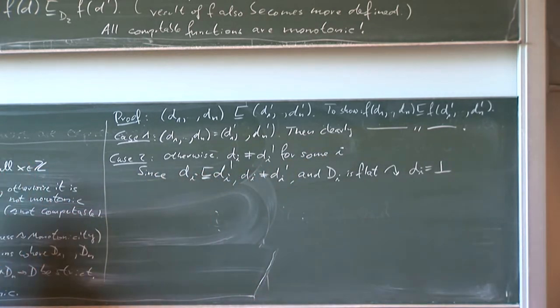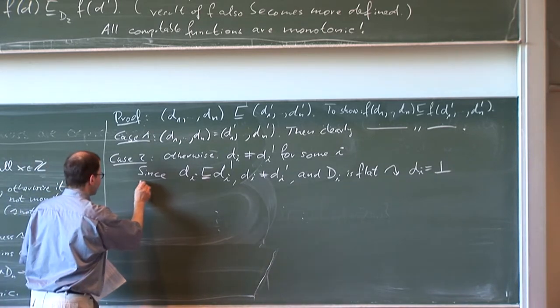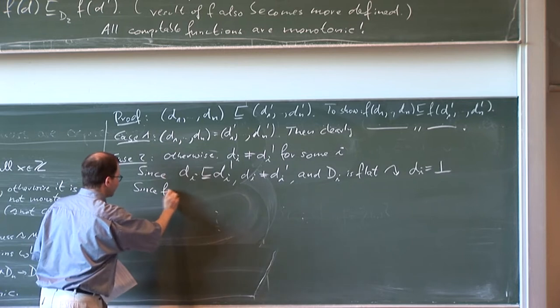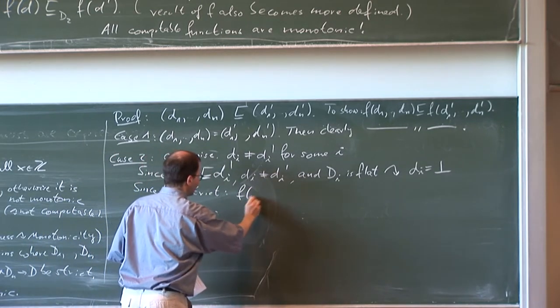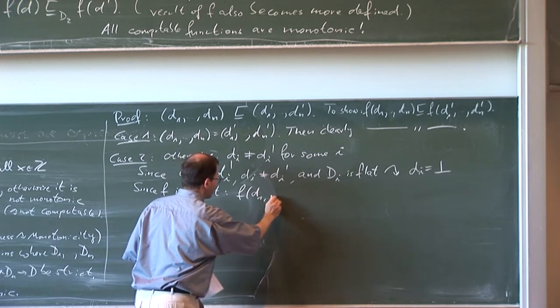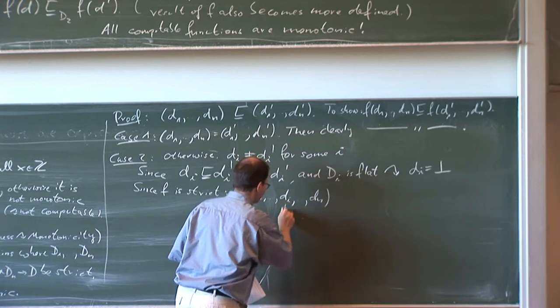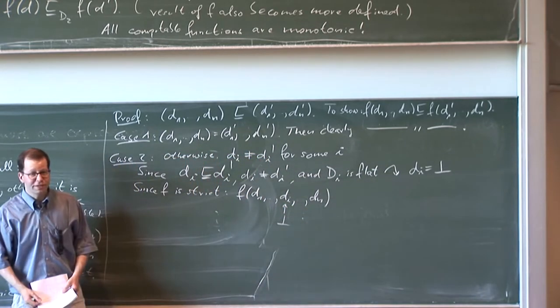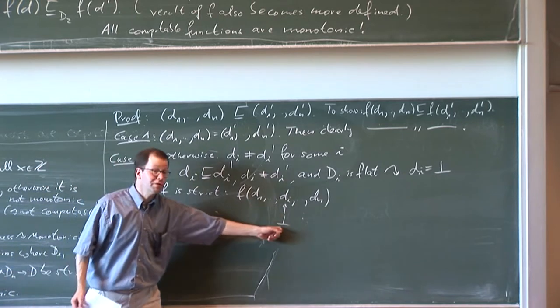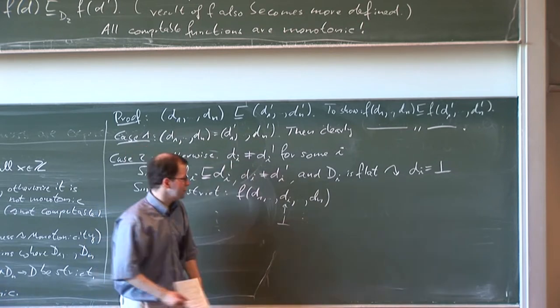Now, what do we know? Now we know that f is strict. Then f of d1, somewhere here we have this di, and this here is bottom. Now if f is strict and we apply it to arguments where one of the arguments is bottom, strictness means if one of the arguments is bottom, then the result is also bottom.